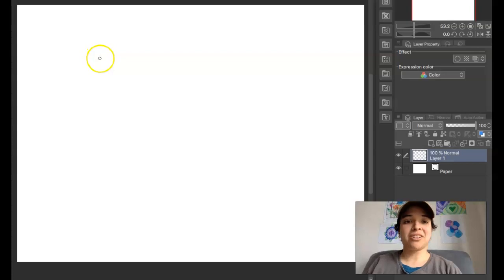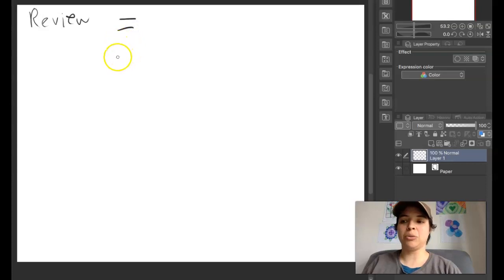And for math today, I wanted to start off with something that will be a little bit of review for us. We will be reviewing, of course, the equal sign. We've talked about that, and the equal sign is kind of like a grown-up who wants things to be fair.